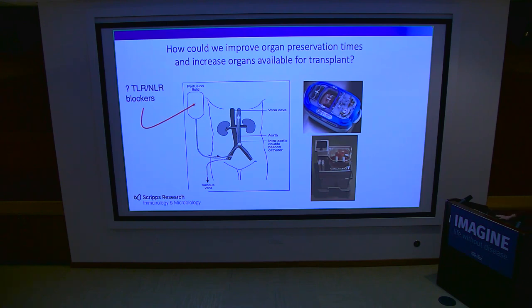So the only way that I think we can use therapeutics is in either these kidney pumps, and now experimentally a lot of centers are using liver pumps. And so there's a great opportunity because while they're on the pump, you can measure a lot of different cytokines, chemokines released.